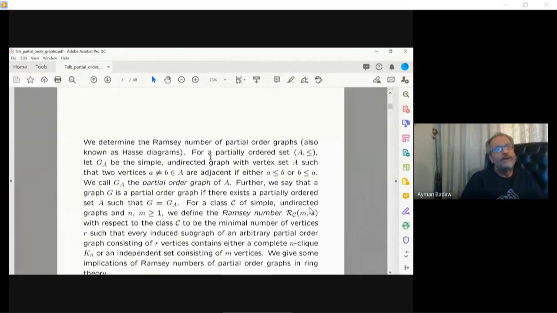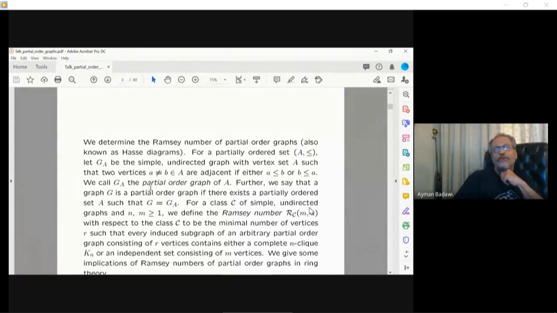And we have antisymmetry. That means if A less or equal B, then B should not be less or equal to A if A and B are different. And transitivity, where if A less or equal B and B less or equal to C, then A less or equal to C. So this kind of partial order graph, we want to calculate the Ramsey number for this type of graph.